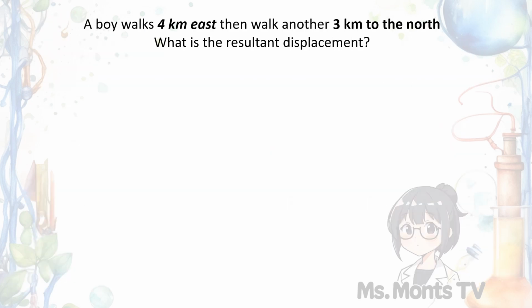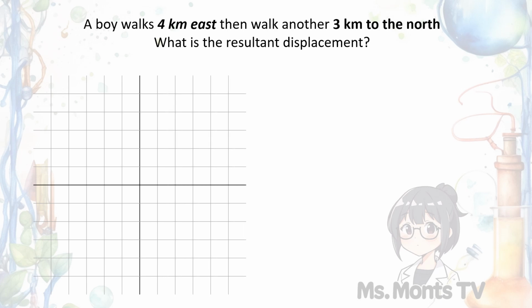A boy walks 4 kilometers east, then walks another 3 kilometers north. What is the displacement? So, first, the boy walks 4 kilometers east. And then from there, he walks 3 kilometers north.